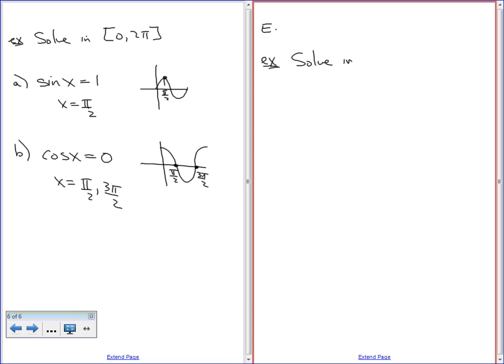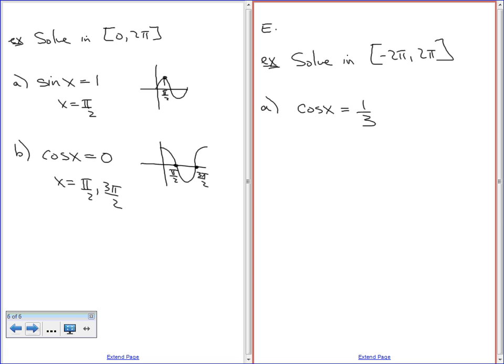Solve in the interval. So on this one here, exact same thing. I want you to solve when is the cosine equal to 1/3.